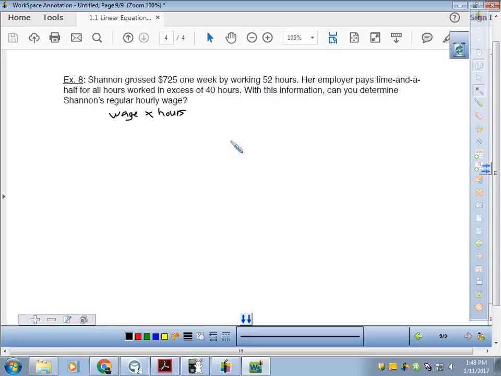But there's a little bit of an extra stipulation in this problem because it says that her employer pays time and a half for all hours worked in excess of 40. So what that means is she's getting 1.5 of her wage times the hours that she's over.